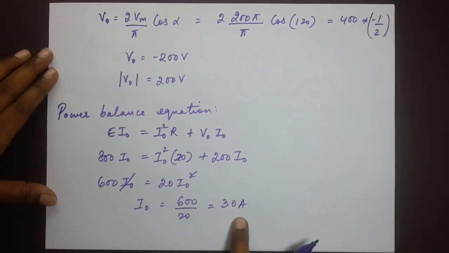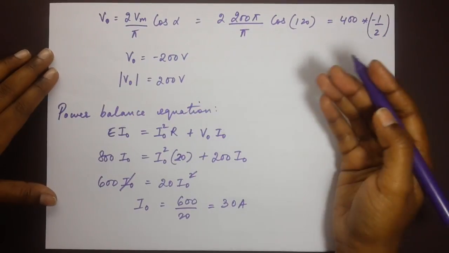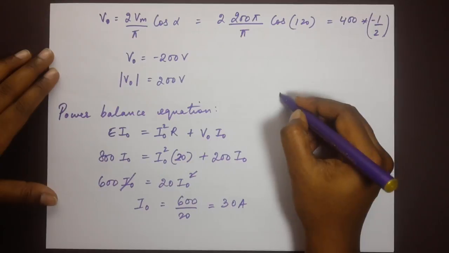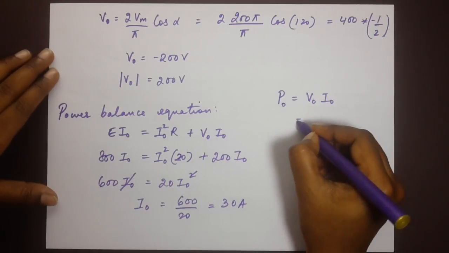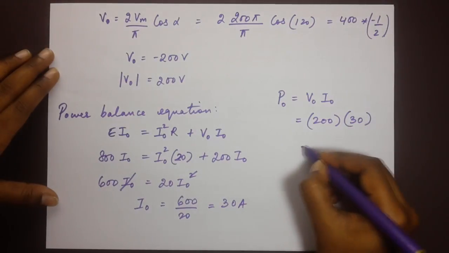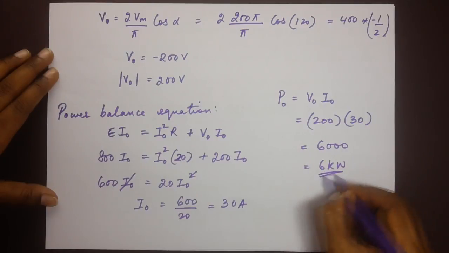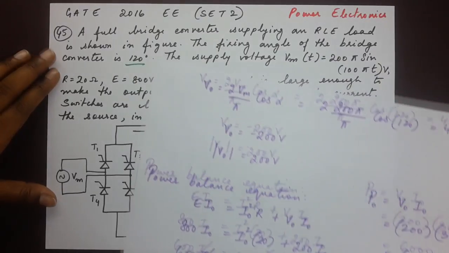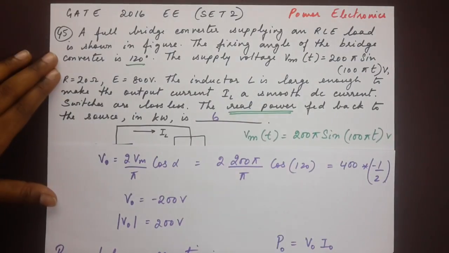Now that we have the value of I naught and the value of V naught, all that's left is to find out the real power fed back to the source. Because we are finding the real power, P naught is simply V naught I naught, and that's 200 into 30, 6000, which comes to 6 kilowatt. That's about it. Now let's see in what terms. It is in terms of kilowatt. So the answer is 6.